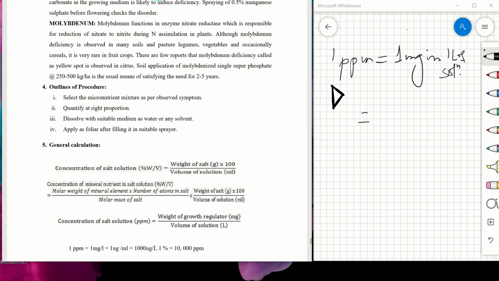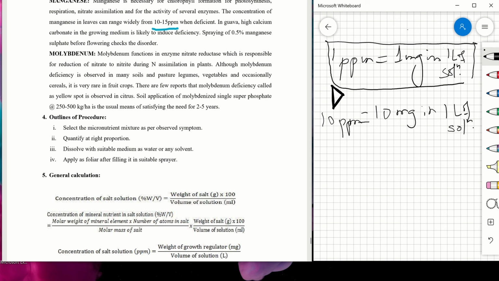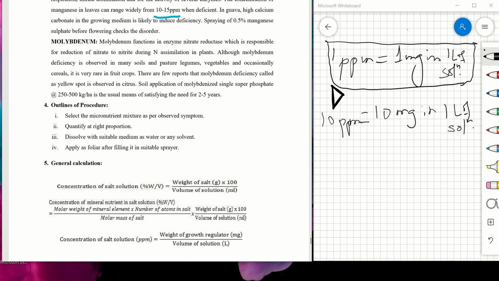To prepare 10 ppm, it's quite easy. You just mention 10 milligram in 1 liter of solution. For this you should remember this formula: 1 ppm equals 1 milligram of the solute in 1 liter of the solution.